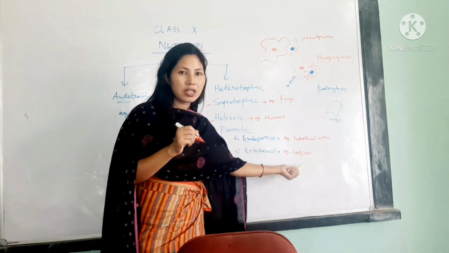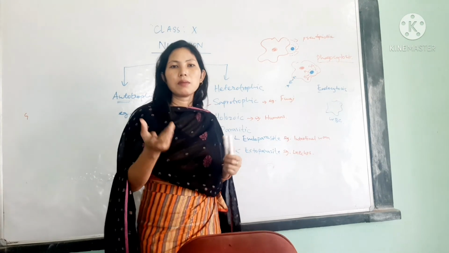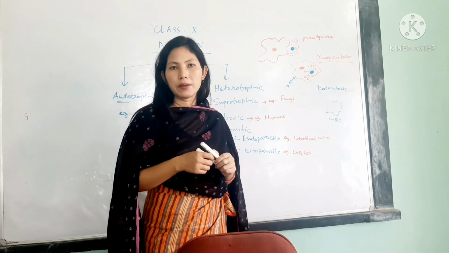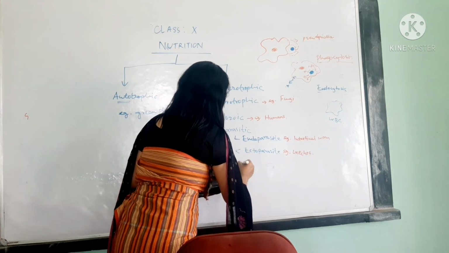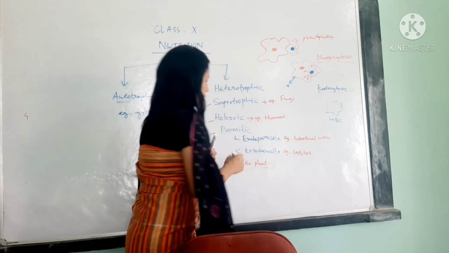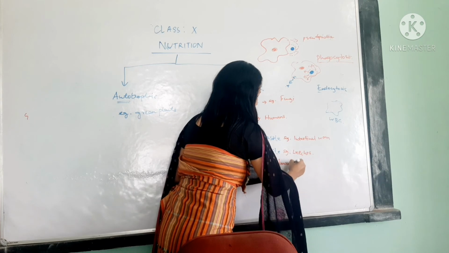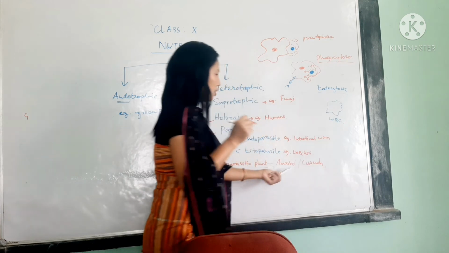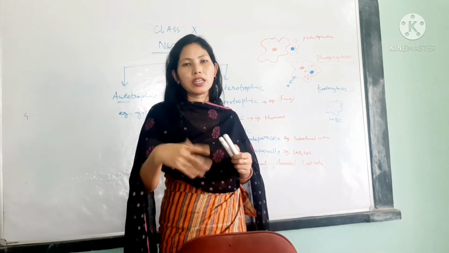The organisms that undergo the parasitic mode of nutrition are known as parasites. There are even some plants that are parasitic in nature, for example the amarbel, or cuscuta. Amarbel or cuscuta are parasitic plants which do not have chlorophyll, so they cannot photosynthesize.